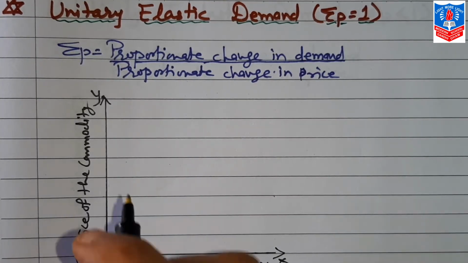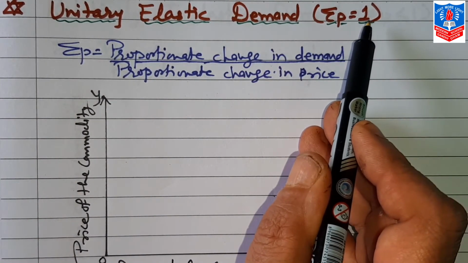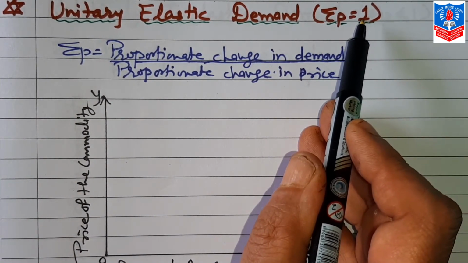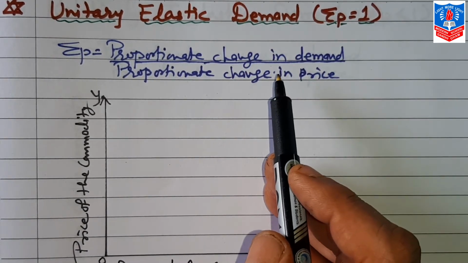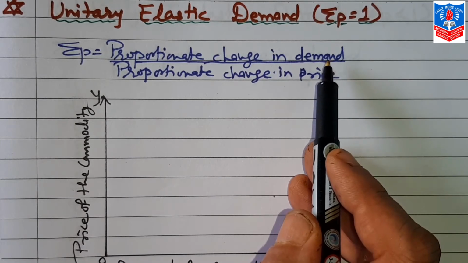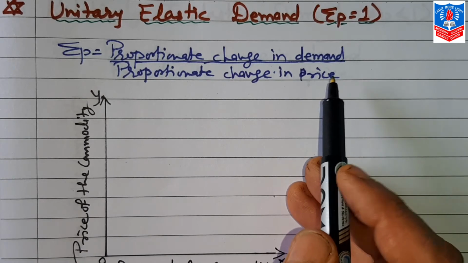Now the third type, unitary elastic demand, where price elasticity is always equal to 1. Now what is that? When the percentage change in demand is proportionate to the percentage change in price, the same proportion.